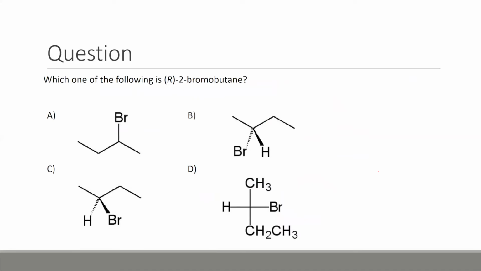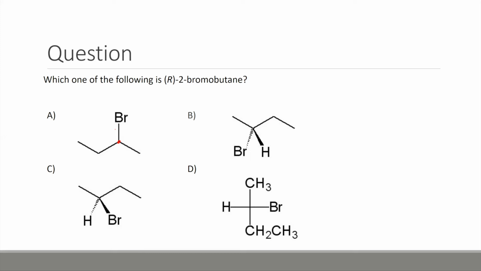Okay, so let's do a test. Here are some molecules drawn in different types of ways using Fischer projection or using our standard tetrahedral projection. And we want to determine which of the following is the R version of 2-bromobutane. So looking at these, first of all, A gives you absolutely no information as to the state of this stereocenter.